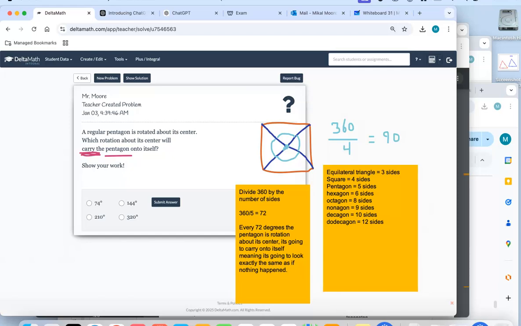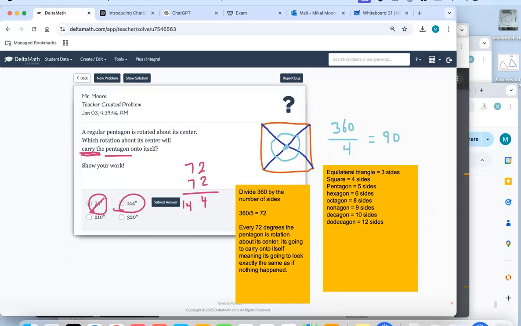So notice this says 74 degrees, so this can't be it. So let's rotate it another 72. So if we do 72 and 72, if you add that in the calculator, we're going to get 144, and that happens to be the answer.